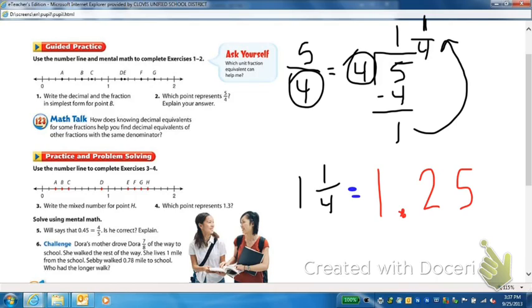So we know it's going to be 1 and something else. So here's your 1. So it's going to be one of these letters to the right of that. So we have 1, 2. D is 2. D would be 1 and 2/10. So right next to D, between these two lines, your answer would be E.